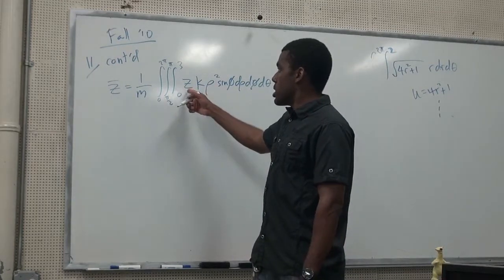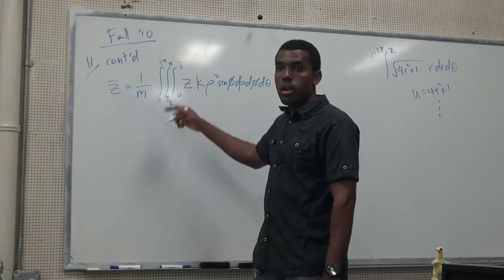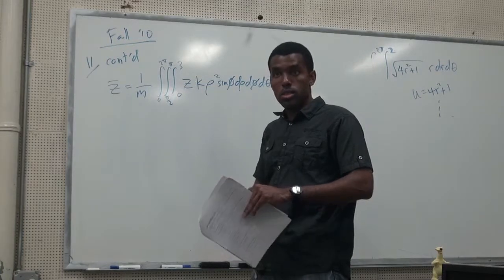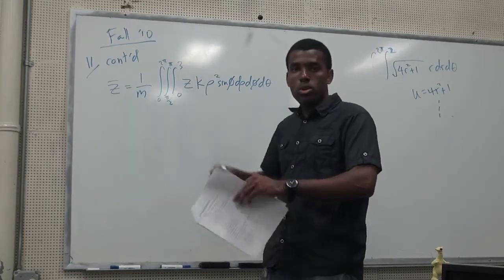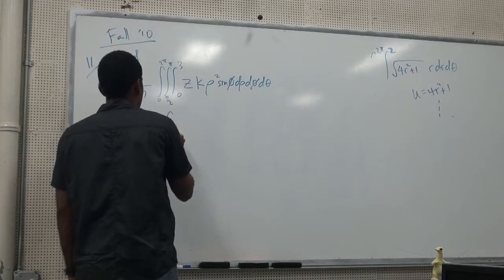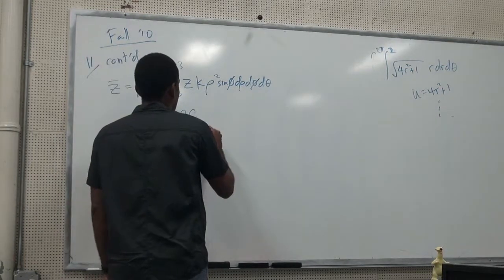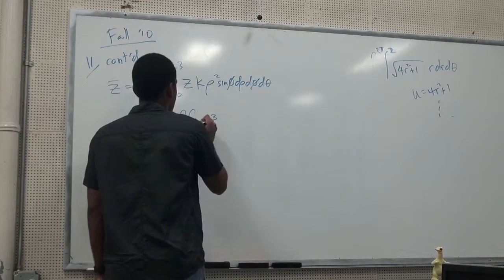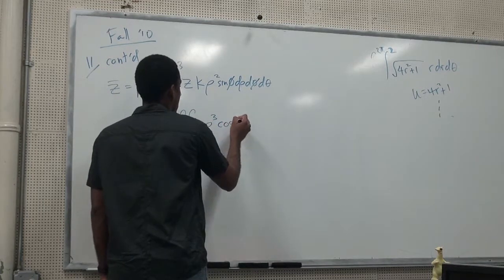But what about the Z? How do we deal with that? You have to change it to rho cosine phi. So this is just going to be 1 over M times the integral of rho cosine.